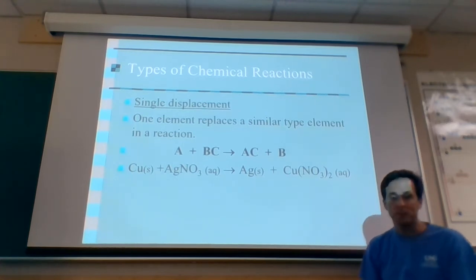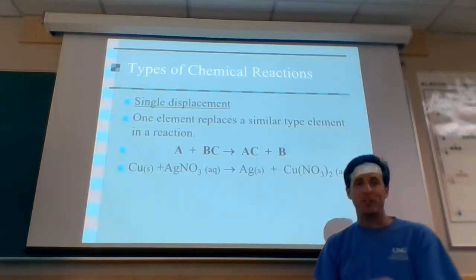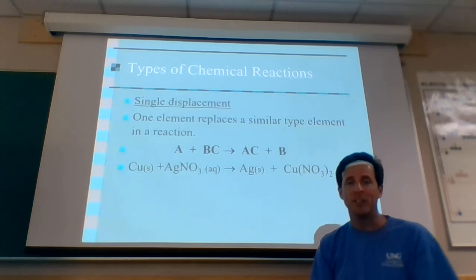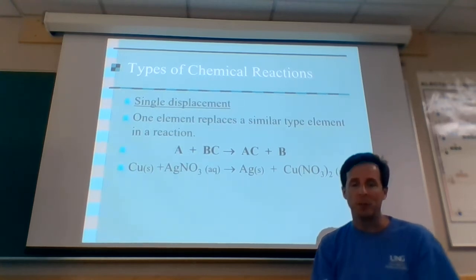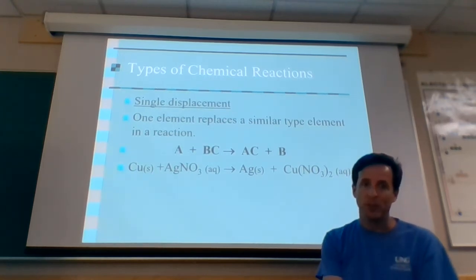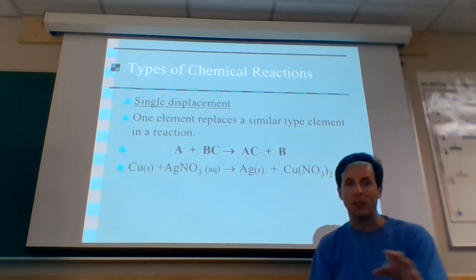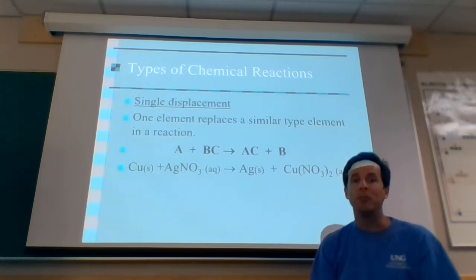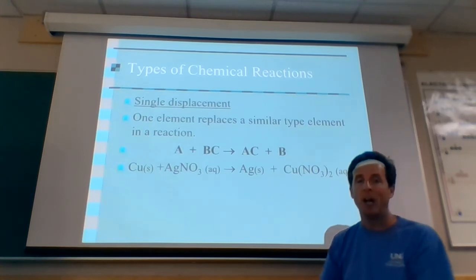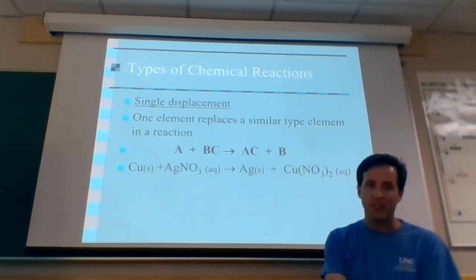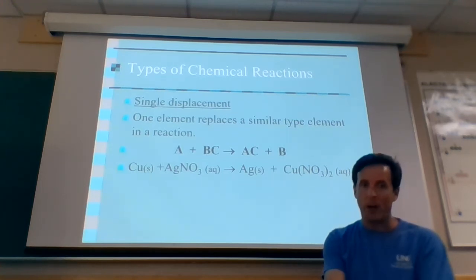Now, copper actually has two different charges. Sometimes copper is +1, sometimes copper is +2. There's no way for you to know which one is going to be more likely, and that's above the level that I expect you to know. So I would probably tell you that in this case, copper is going to form the +2 charge state. I would help you out with that.